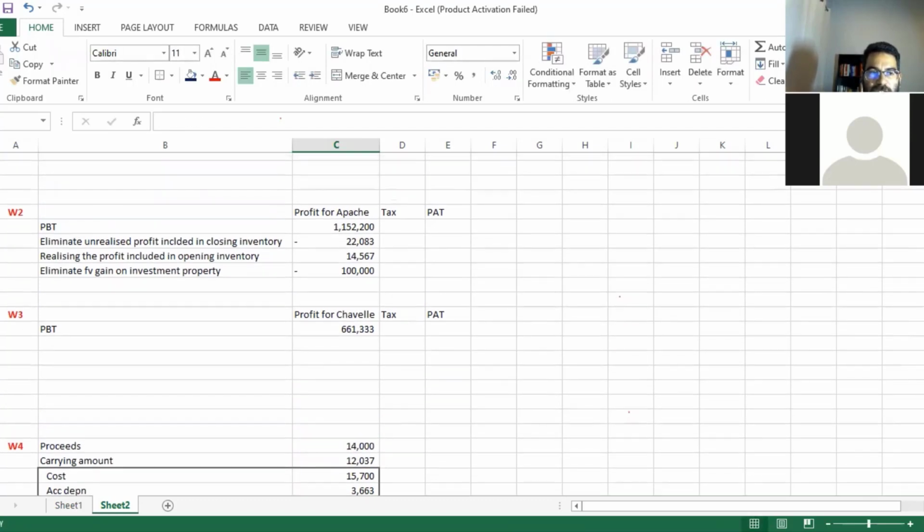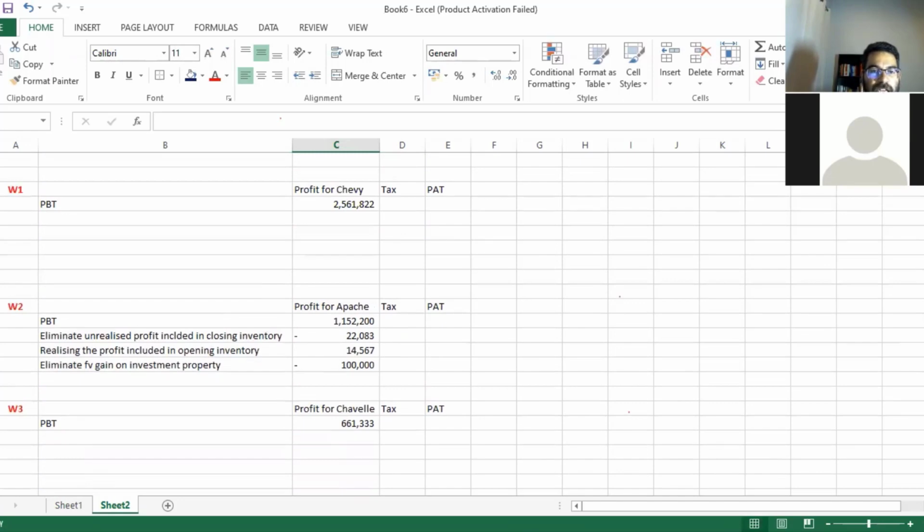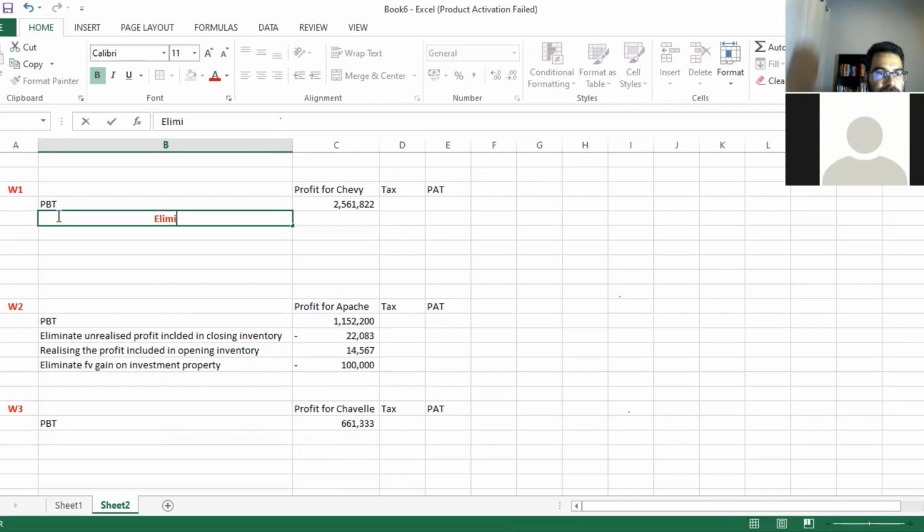The profit is sitting in the parent's books, so I'm going to adjust the parent's books. I'm going to say eliminate profit on furniture. In an exam, you're not going to write so long, this is just for our purposes.